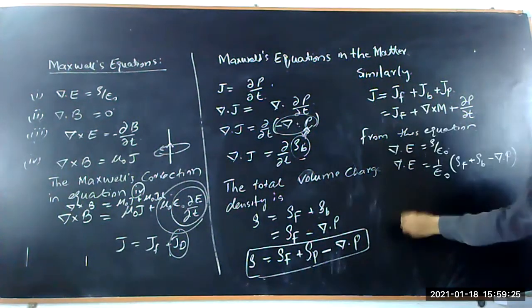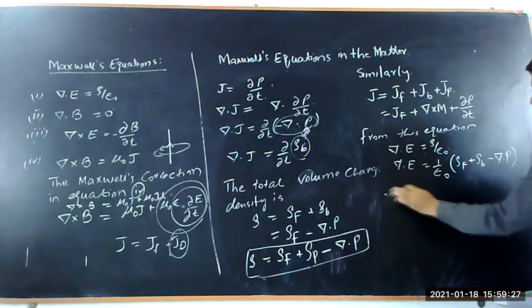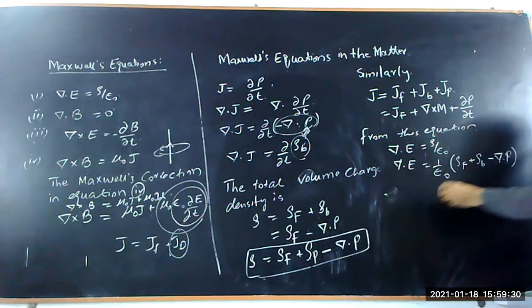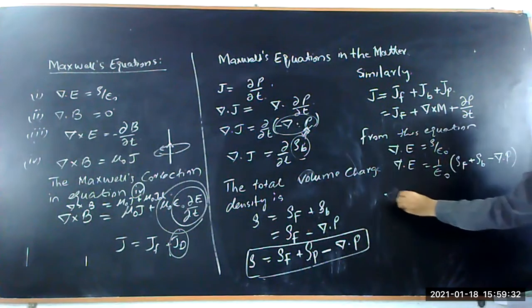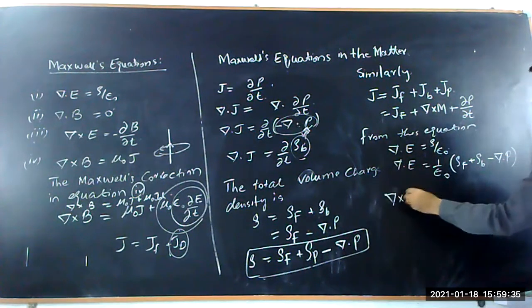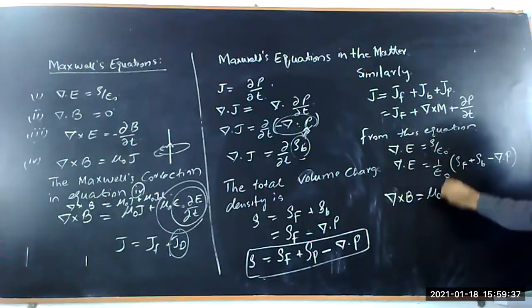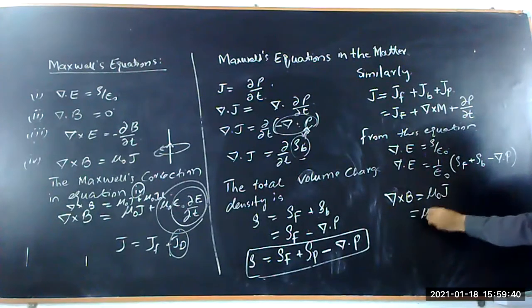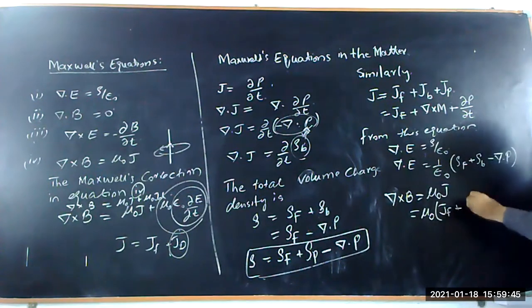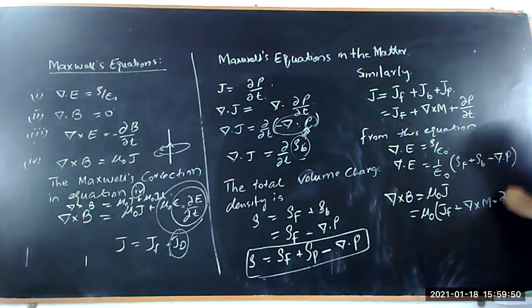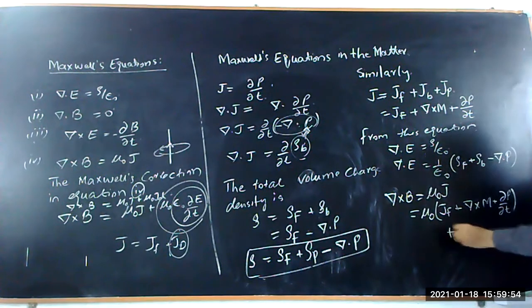Similarly, from this equation you can rewrite curl of B is equal to mu naught J, and here mu naught J is equal to mu naught times J of F plus curl of M plus dP over dt, plus epsilon naught mu naught dE over dt.